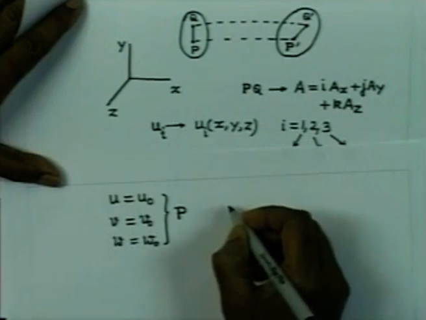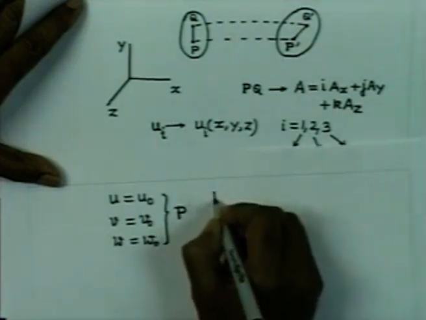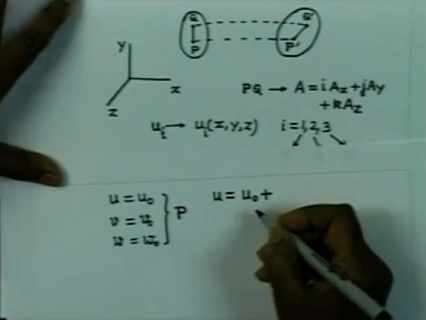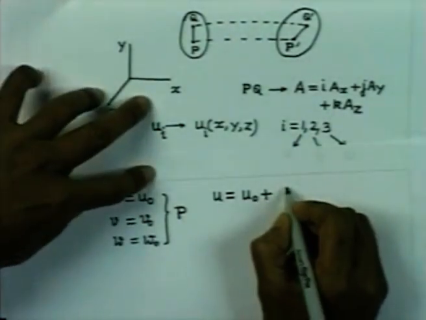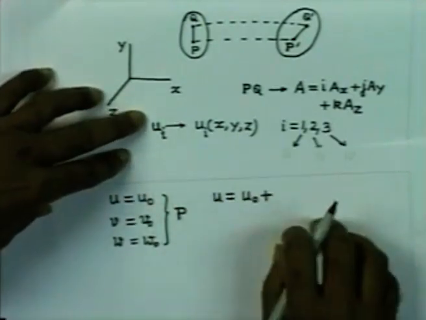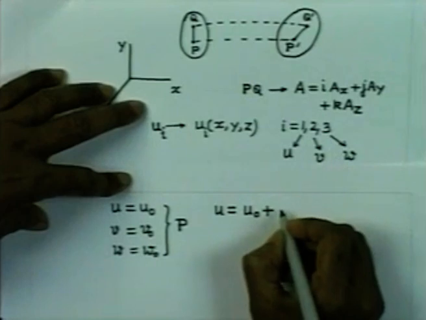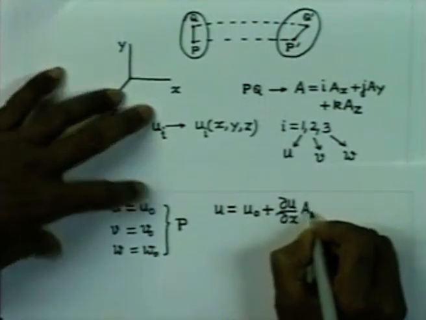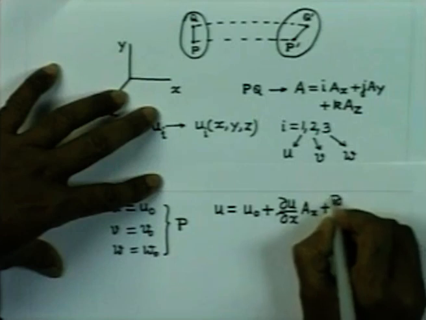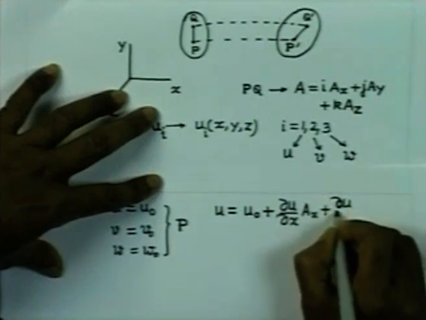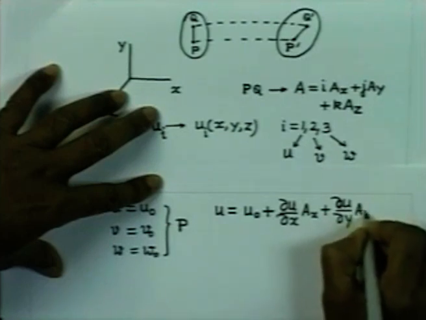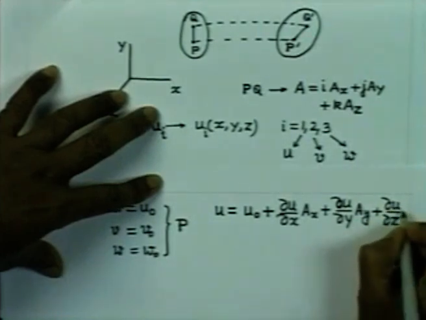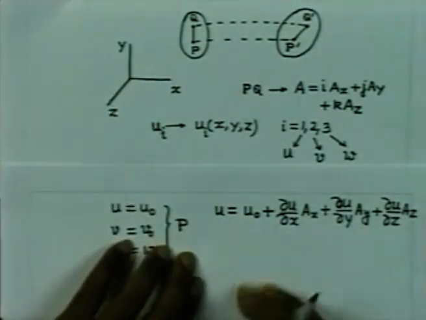Now, if we want to write the displacement of the point Q, we can write u equal to u0 plus, using the Taylor series expansion for the functions ui, delta u by delta x into Ax plus delta u by delta y into Ay plus delta u by delta z into Az, that is the first order term.